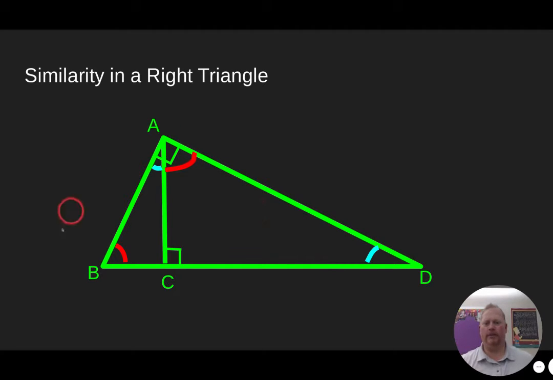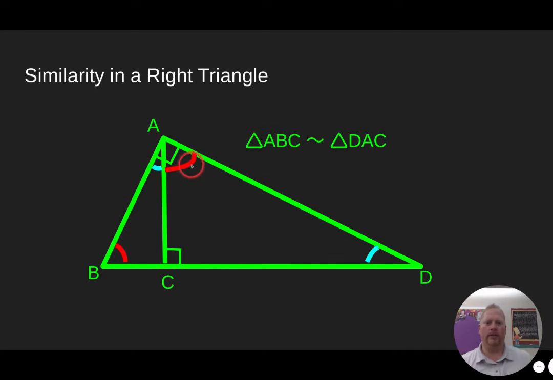So let me go ahead and put some letters on this. If I start with triangle ABC, which is this baby Yoda triangle, I start at the blue angle, then go to the red, and then go to the right. Okay, I can make that similar to the Gamora triangle.